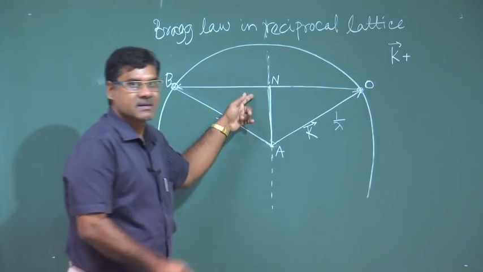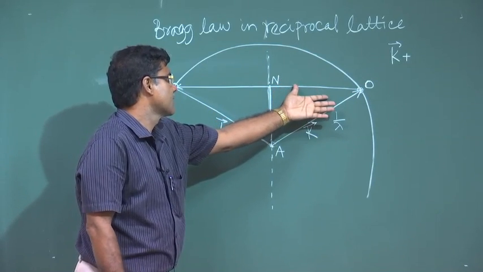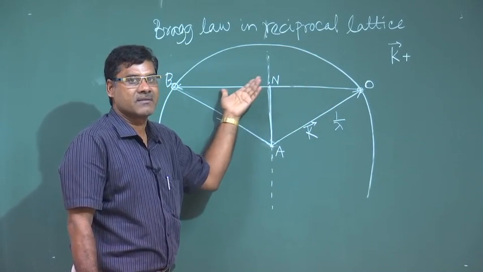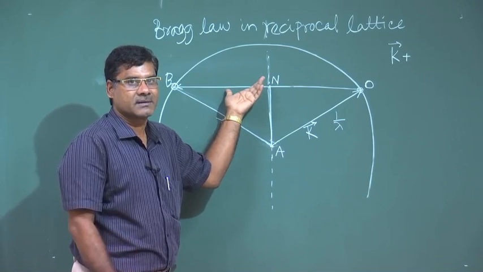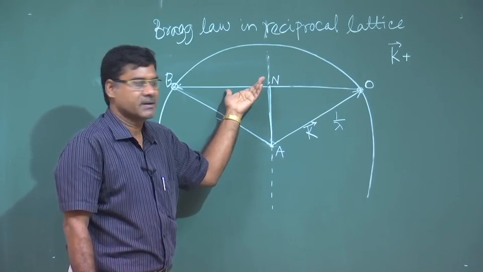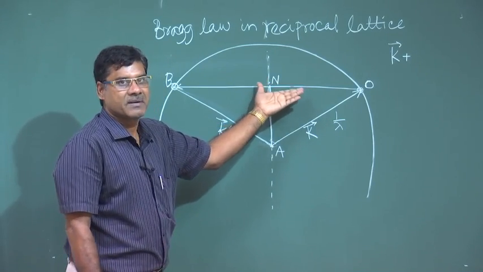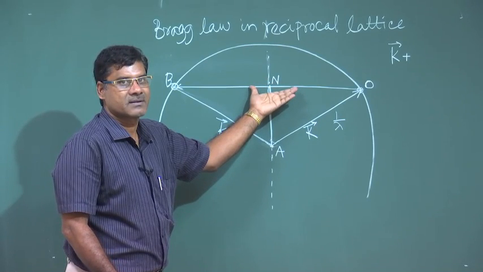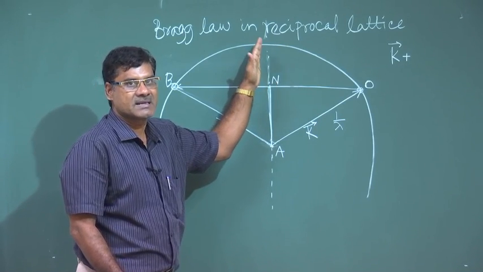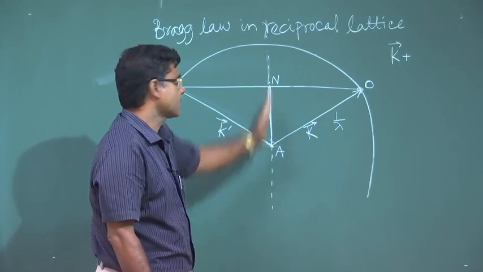Now, OB is the reciprocal vector H, because that is the definition of reciprocal vector. It is basically the normal bisector of the crystal plane.